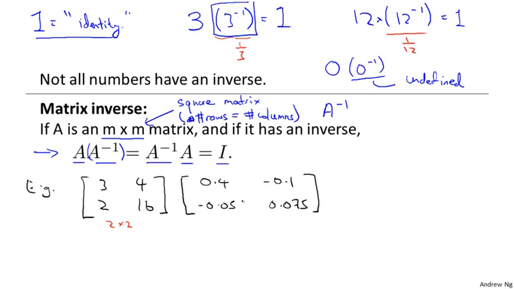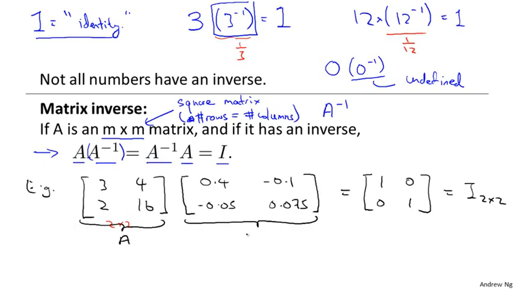And if I multiply these together, what I get is the 2 by 2 identity matrix, I, or you can write this as I 2 by 2. On this slide, this matrix is the matrix A, and this matrix is the matrix A inverse, and here I've computed A times A inverse. If you compute A inverse times A, you also get back the identity matrix.